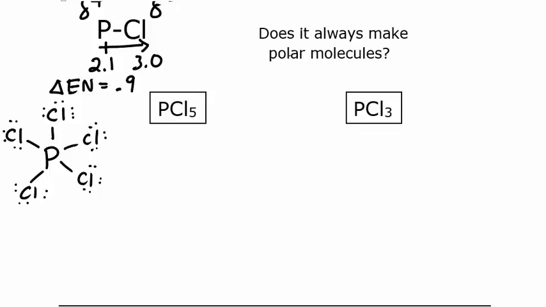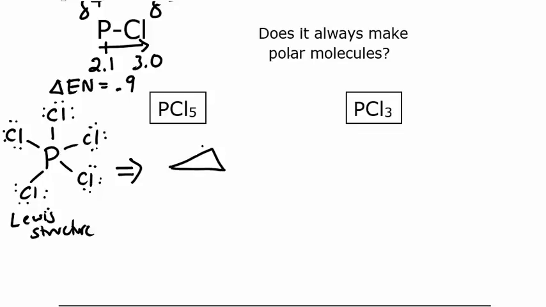And then the phosphorus has more than an octet, which is okay for that element. So this is the Lewis structure. And that is not a shape, but that gives rise to a shape, and it is trigonal bipyramid.